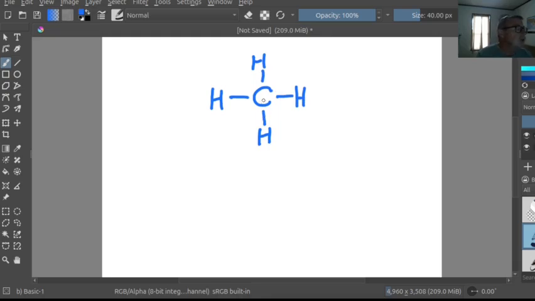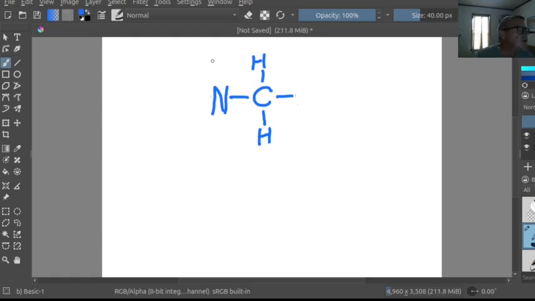Now, where do we go from here? Well, I said we wanted to get to amino acids. So, let me see how well I can erase. Now, amino. On this side, I'm going to put the amine. And the amine always has nitrogen in it. Nitrogen is atomic number 5, and that means there are 3 bonds possible.